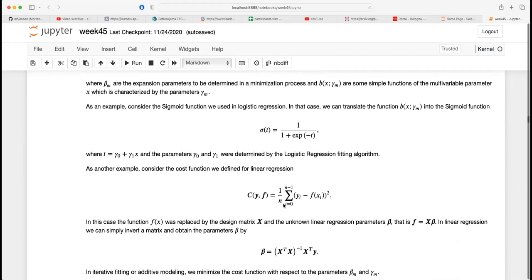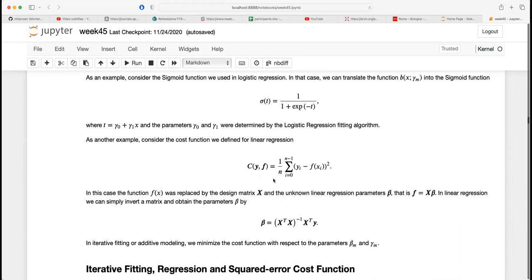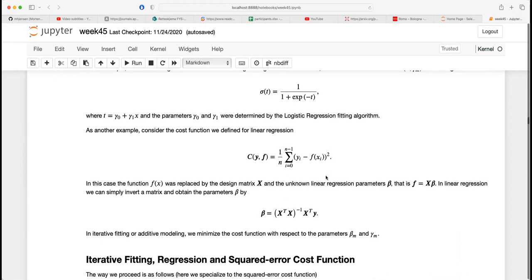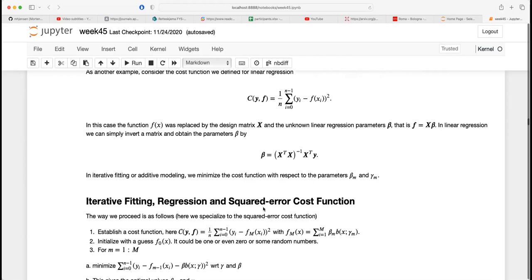So the example which we looked at last time was actually a function where we now have a dependence on the output values y and f. So this is our standard mean squared error, unsurprisingly. And what we did when we did linear regression is that we simply had a design matrix times beta, and we found the optimal value of beta, as you've seen zillions of times now.